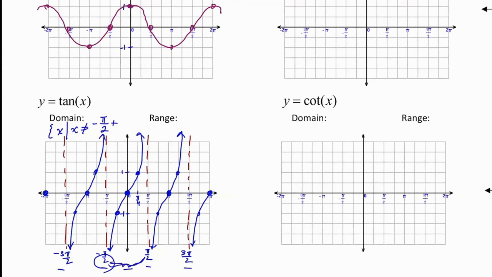One cycle is pi radians away. So plus pi times n. And range is all real numbers. So again, for domain of tangent, you always start by stating the first asymptote that you see. And then that would be the period of your graph, length of one cycle. In this case, they are pi radians apart each asymptote.